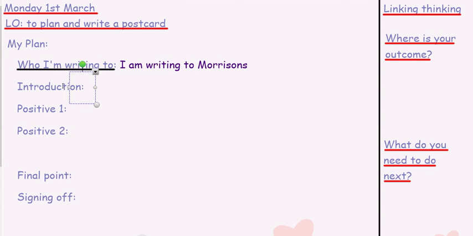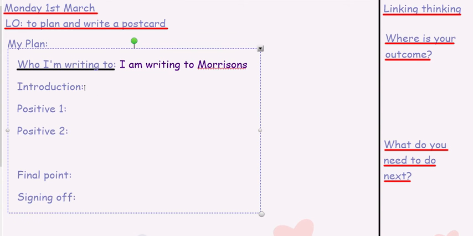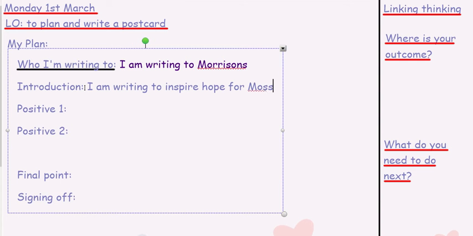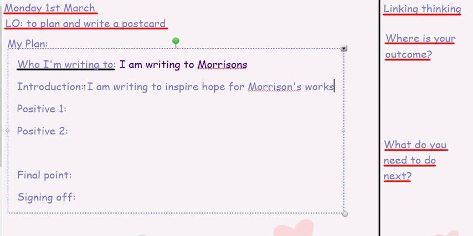So introduction, in an introduction to a letter or a postcard, we like to say why we are writing. So I am writing to inspire hope for Morrison's workers.